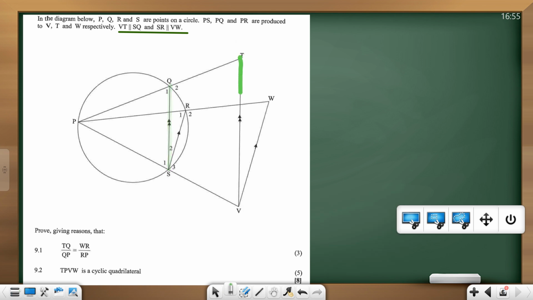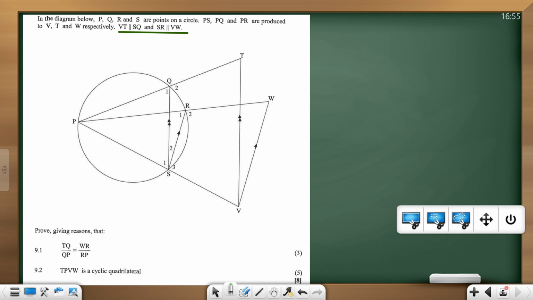This line is parallel. What do you notice? I have 2 parallel lines within a triangle. Can somebody quickly tell me what property I am using, what comes to mind? We've not even read, but just seeing that, what comes to mind? Anybody? Unmute yourself and talk to me.